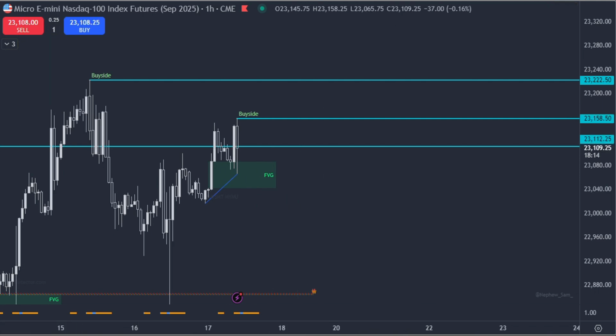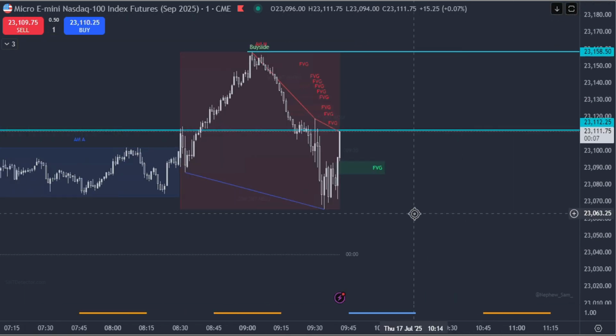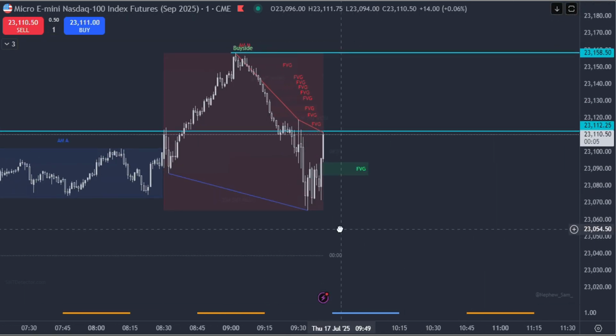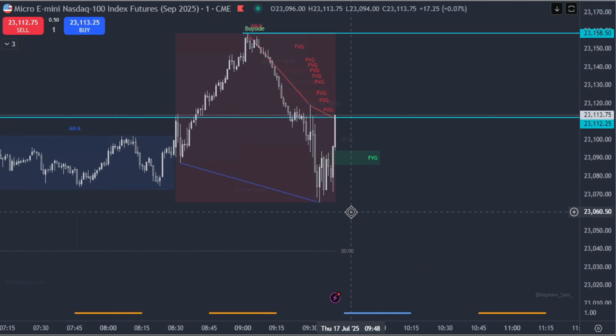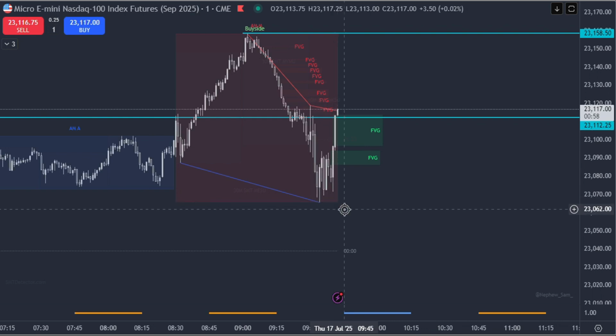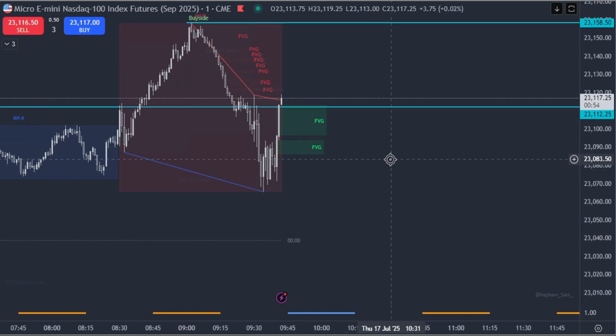Let's drop down to our time frame. This is the time that I like trading every day, very high probability.